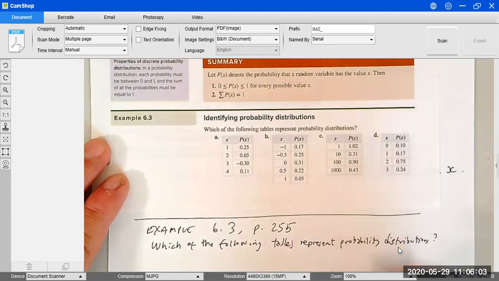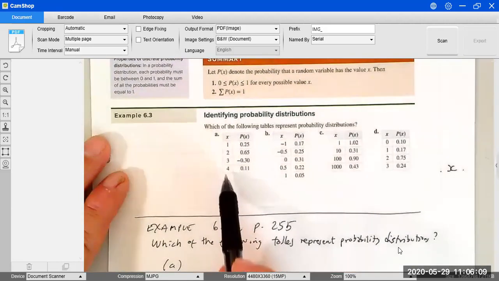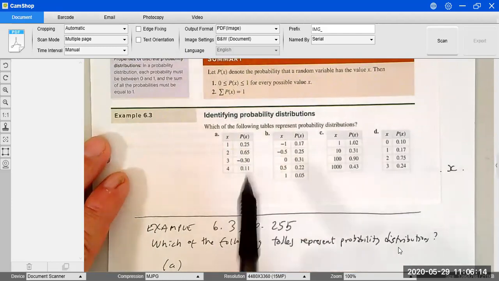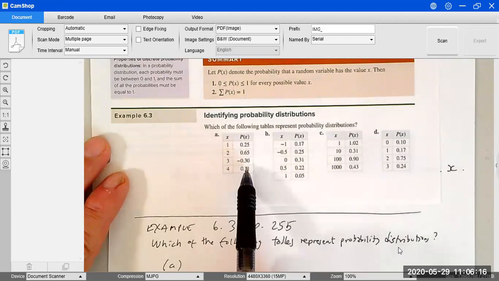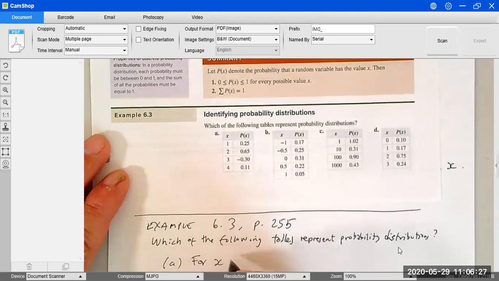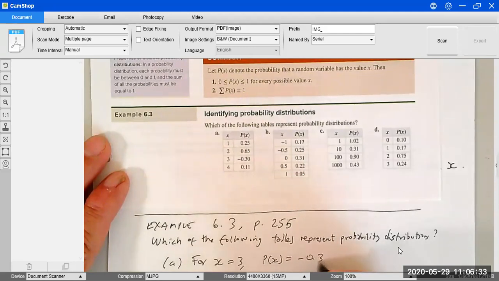We're going to start with the first one. You have numerical values. Perfect: 1, 2, 3, 4. And you have numerical values in the second column. But you get a negative value here. For x equals 3, P(x) is negative 0.30.